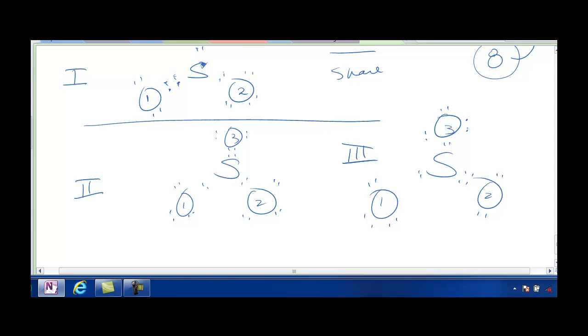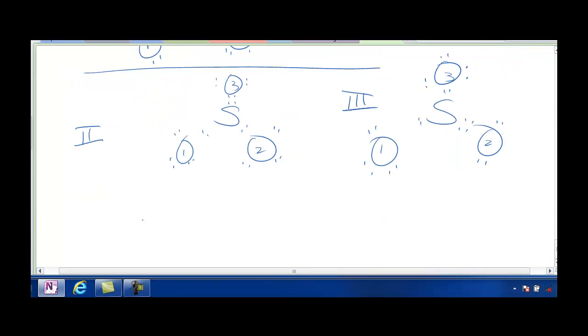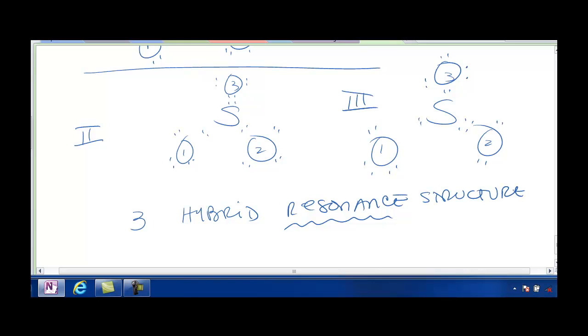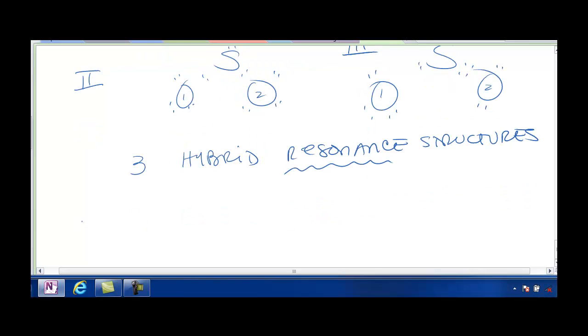So I am going to have 3 hybrid resonance structures. And this is a new one. Which ones are they? Structure 1. I had a double bond here. Single, single, and everybody else had an octet. Structure 2. I had a double bond up.